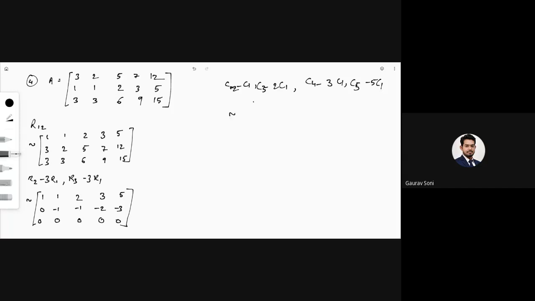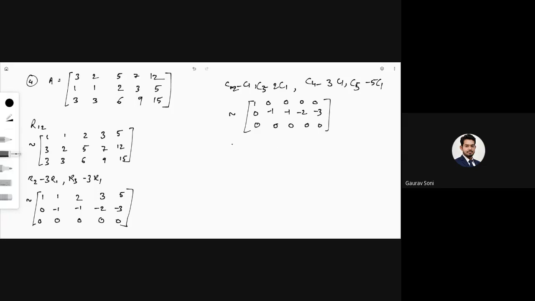So the matrix that we get is 1, 0, 0, 0, 0. Then 0, minus 1, minus 1, minus 2, minus 3, 0, 0, 0, 0, 0.